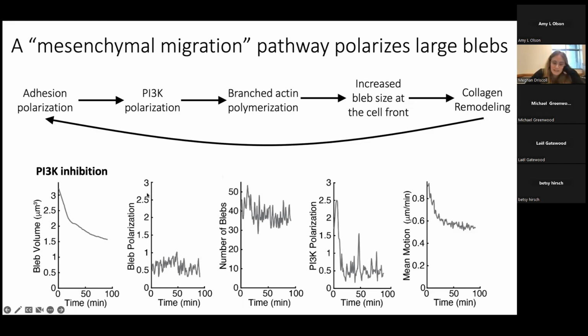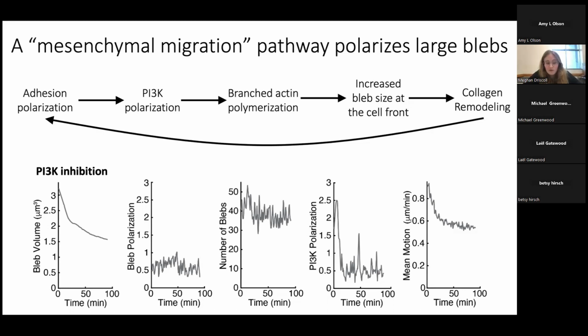And likewise, if you inhibit PI3 kinase, the bleb polarization doesn't change, right? So we're inhibiting polarity. The number of blebs doesn't change, but the only thing about the blebs that changes is bleb volume, right? And this is consistent with mesenchymal migration.